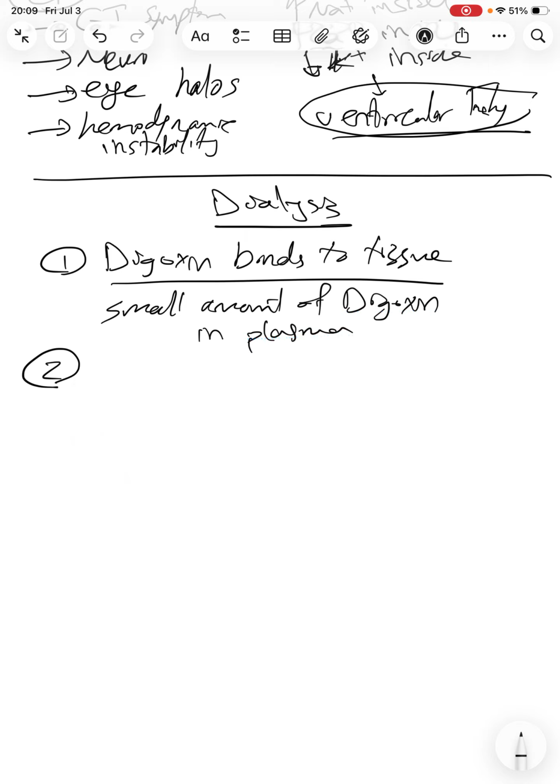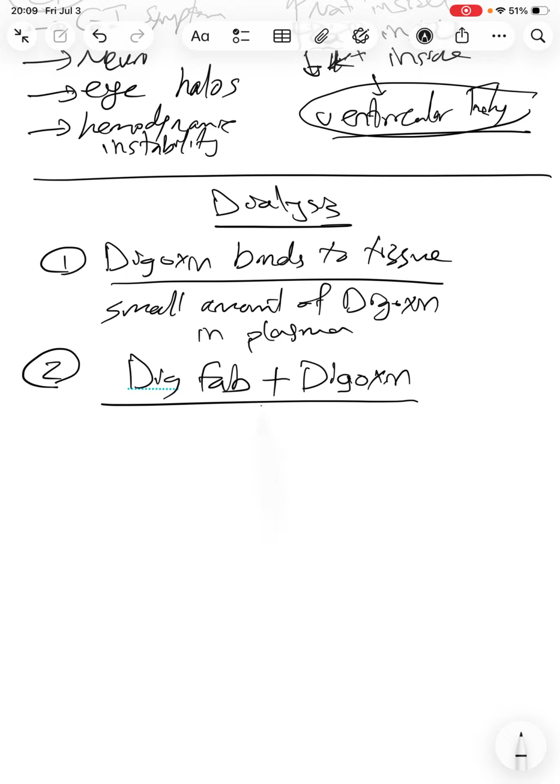The second thing is when you give Dig Fab and Dig Fab attaches to digoxin, this creates digoxin Dig Fab complexes.